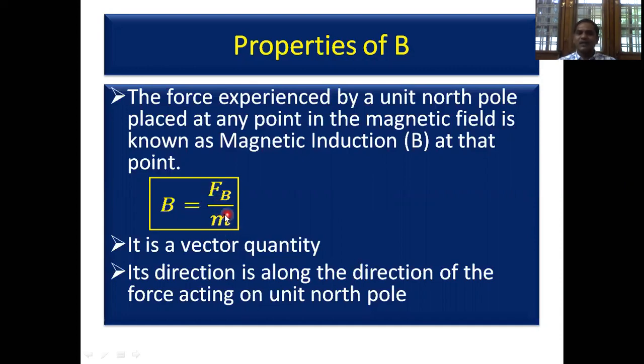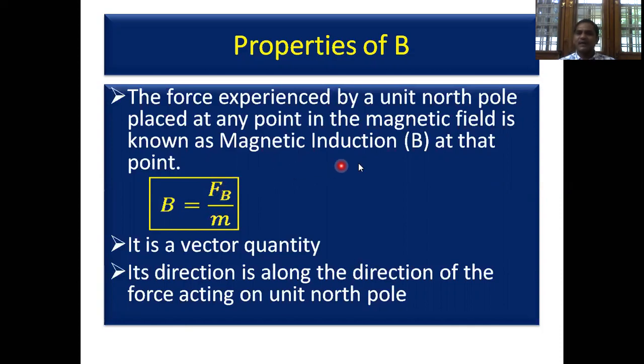In this, if M equals 1, then B equals F. In general, to define the magnetic field strength, we use the unit north pole as the reference, like the unit positive charge in the case of electric field strength. Therefore, the force experienced by a unit north pole placed at any point in the magnetic field is called the magnetic induction field strength at that point.